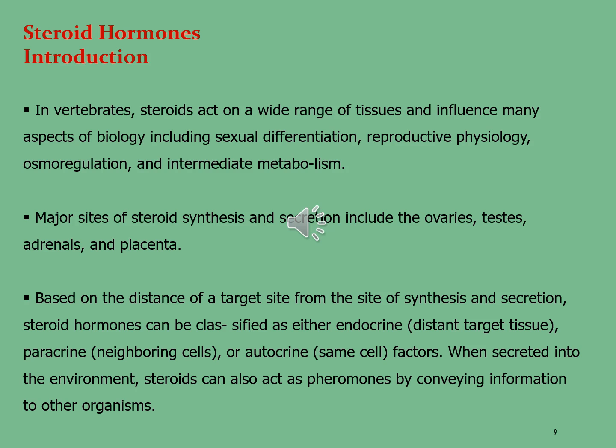Based on the distance of the target site from the site of synthesis and secretion, steroid hormones can be classified as either endocrine, acting on distant target tissues, paracrine, acting on neighboring cells, or autocrine, acting on the same cell. When secreted into the environment, steroids can also act as pheromones by conveying information to other organisms.